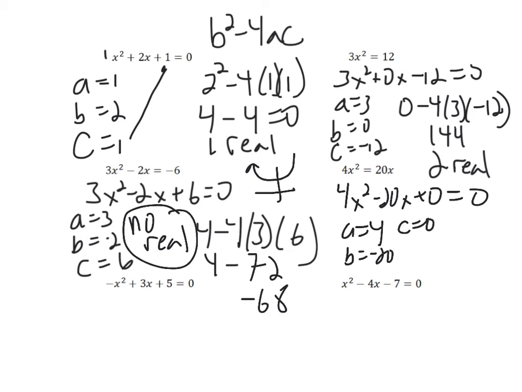So negative 20 times negative 20 is positive 400 minus 4 times 4 times 0. Well, 4 times 4 times 0 is 0. This is a positive number. That tells me there's 2 real solutions.